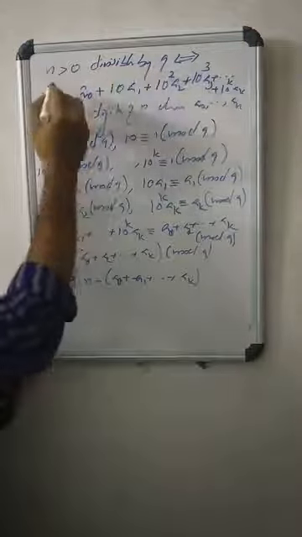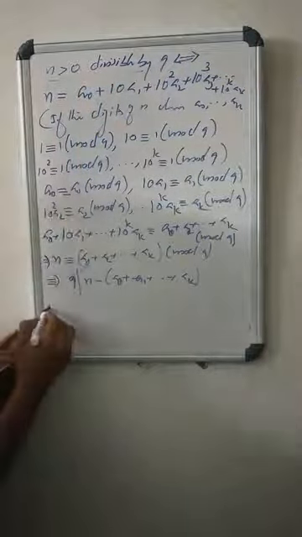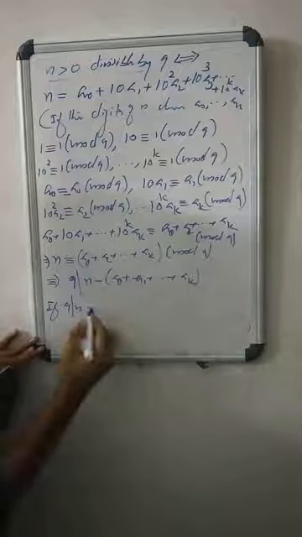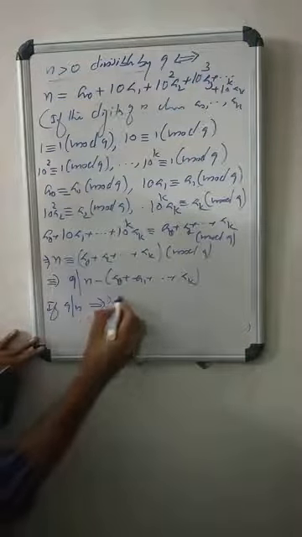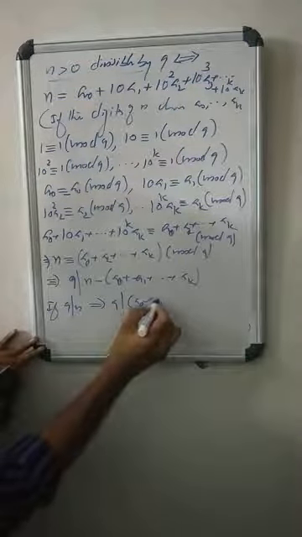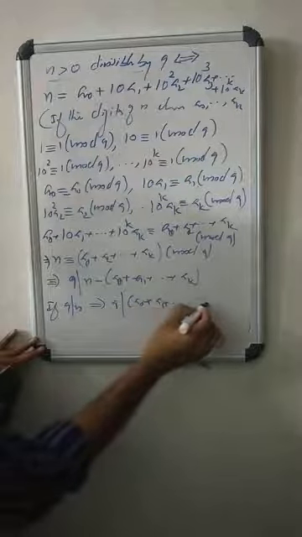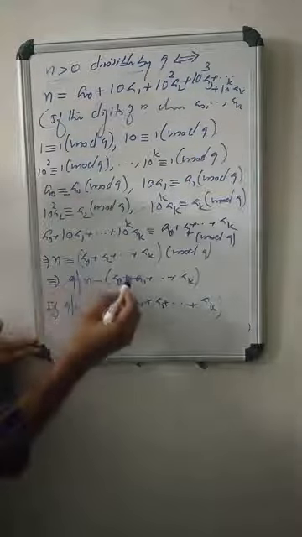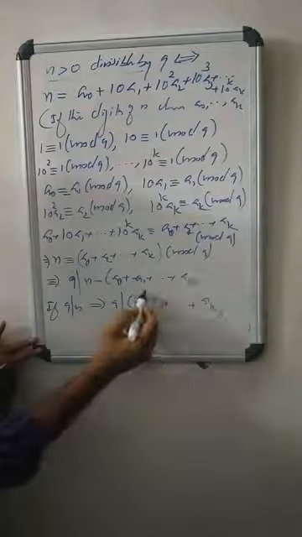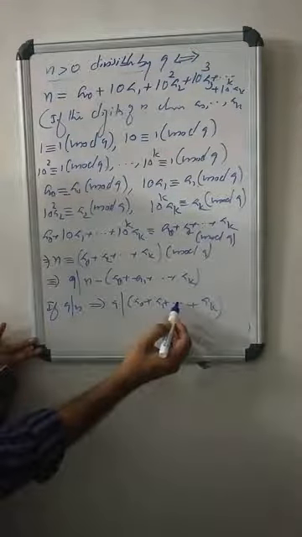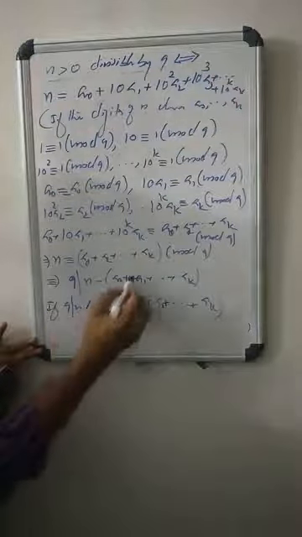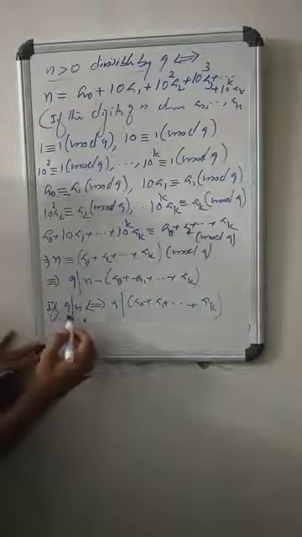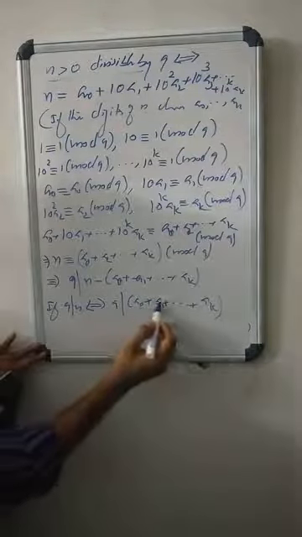From here it is clear that 9 divides this sum. So 9 divides n implies 9 divides this one. Conversely, if 9 divides a0 plus a1 plus etc. plus ak, then 9 divides n.